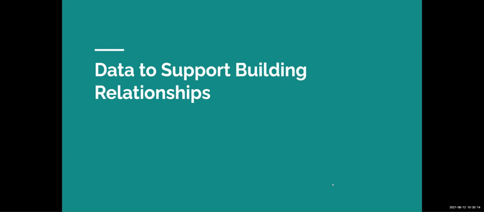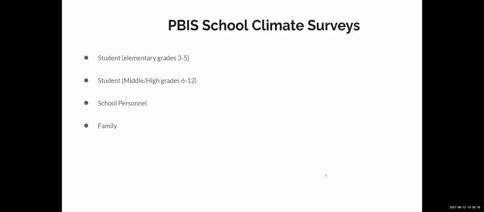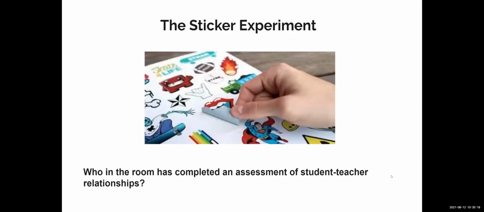All right. I'll go back one. So this one, you may be familiar with. This is the sticker experiment. What this entails is basically taking pictures of students at the school, or if less resource intensive, it might just be a list of names of the students in the school, right? And gathering your staff and faculty, and I would include all staff in this because of the nature of it, not just teachers.